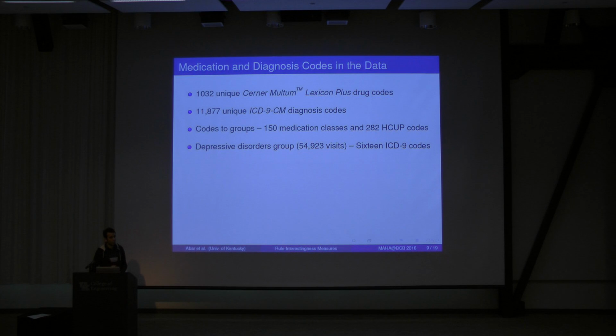We group the medication codes into 150 classes and the ICD-9 codes into 282 classes, which are manually assigned by HCUP. We are using the HCUP classification codes. In our data set, we have 54,000 depressive disorder visits, and the depressive disorder group has 16 ICD-9 codes.